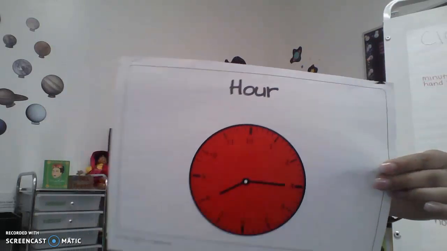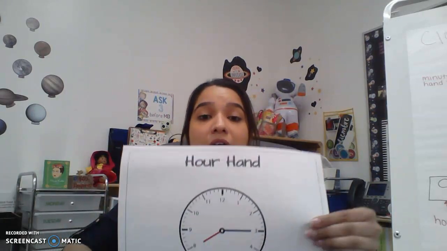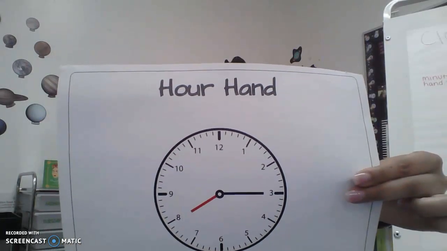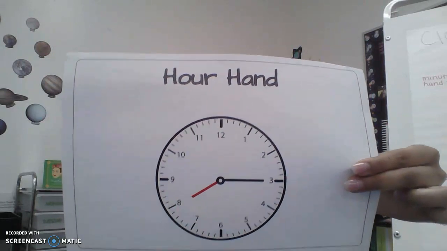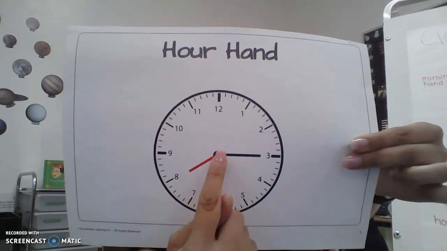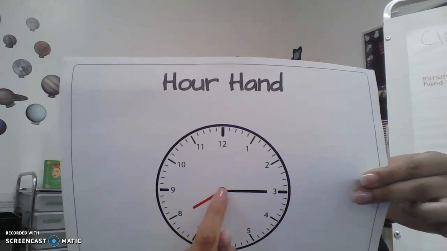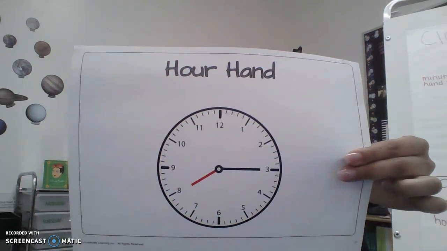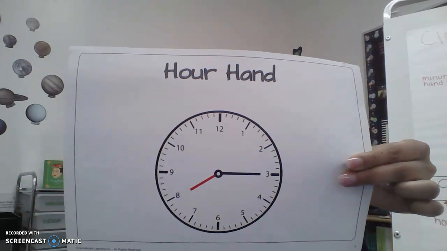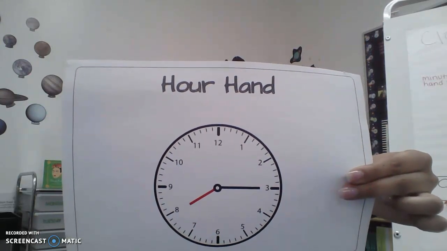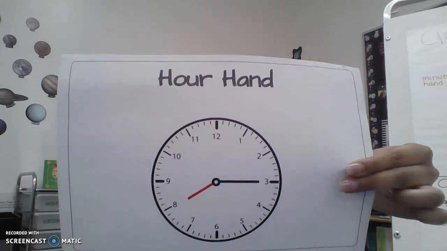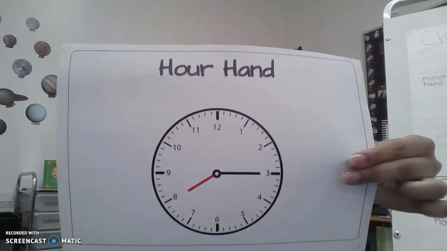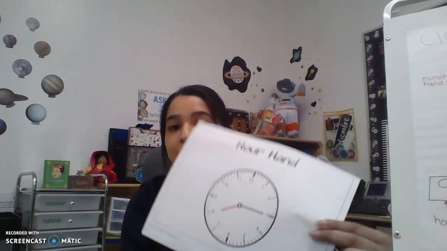Hour. Now, hour hand. Which one is the hour hand? Great job. This short one. So the short one is the hour hand. You say it with me. Hour hand. Great job.